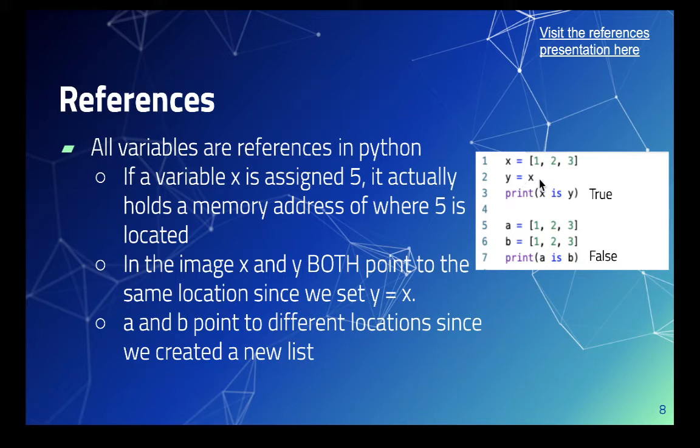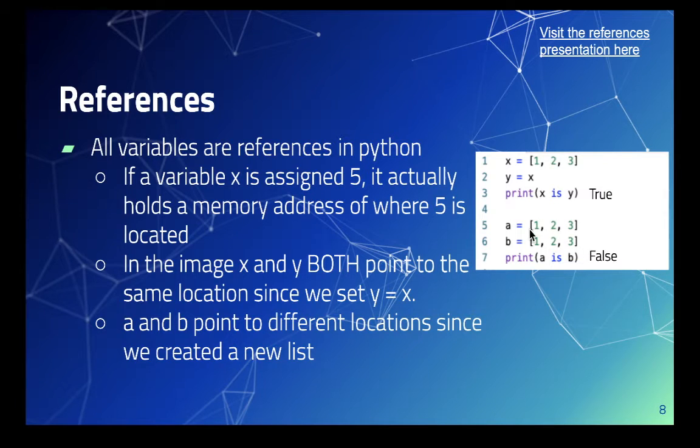So it checks if y and x both contain A567. It doesn't care about the value. The double equals sign checks equality, whether two values are in fact equal. So x is y is true, because both of these point to the same thing. However, if we independently assign a and b to the list 1, 2, 3, they both point to different addresses.